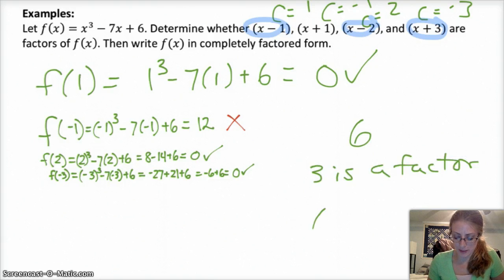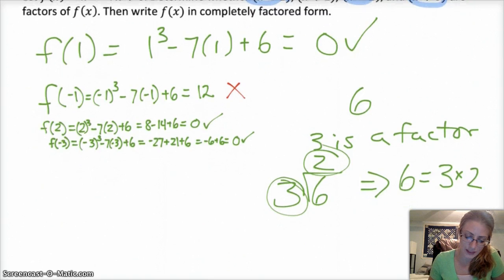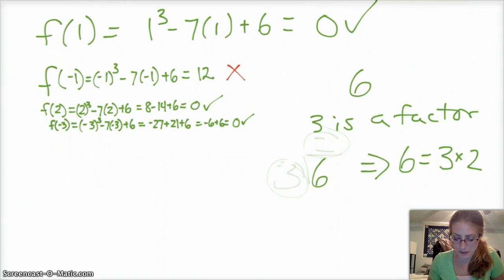Well, I can do 6 divided by 3 and get the answer of 2. And I can say, all right, I can just rewrite 6 as 3 times 2, right? Because I pulled out the 3 and I was left with 2. It's basically just another way to write 6. So it's the same way with polynomials, right?